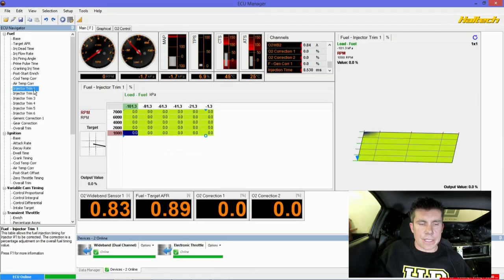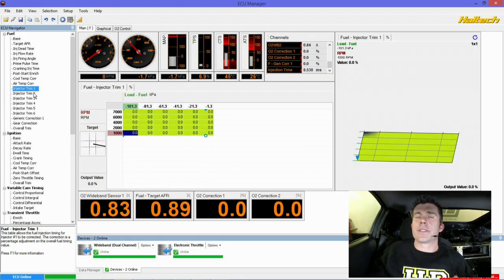Actually, before I move on, one last aspect, and I've got that set up here on the Haltech, is individual cylinder fuel trimming, which is kind of what we just looked at in the Motec. Now, what we've got on this particular engine is a dual wideband controller, a Haltech dual wideband controller. So we've got one wideband sensor in each bank of the engine.